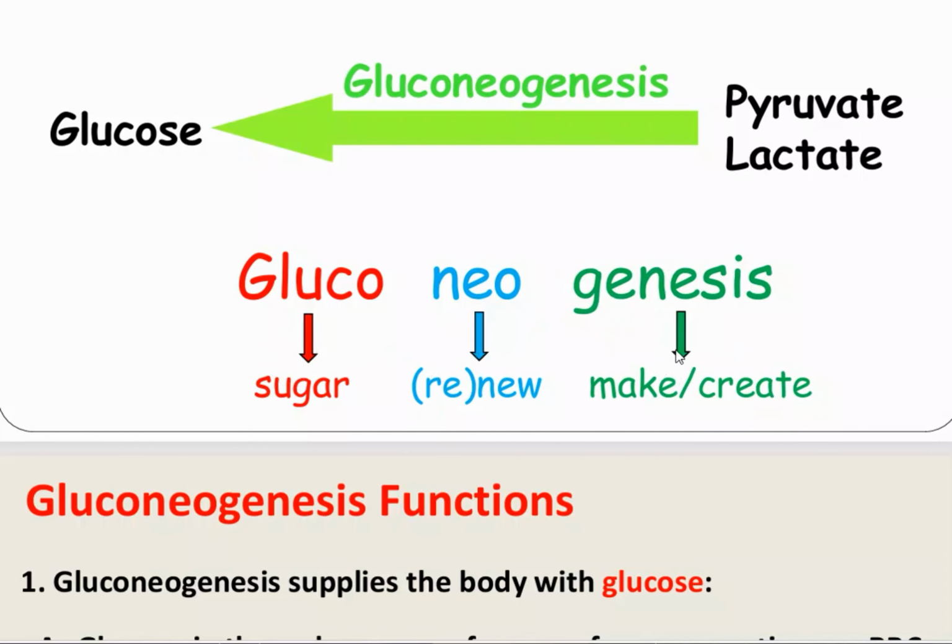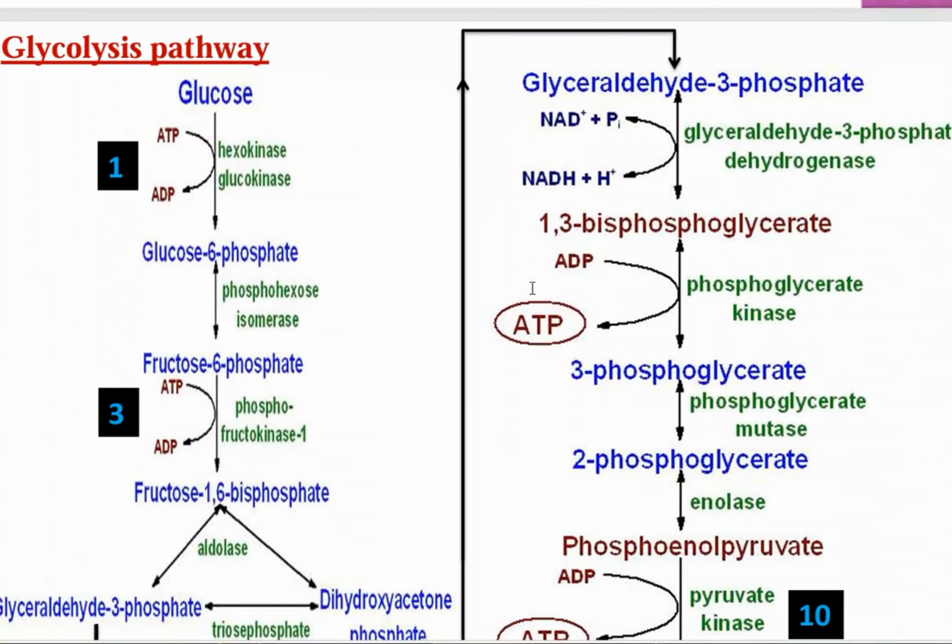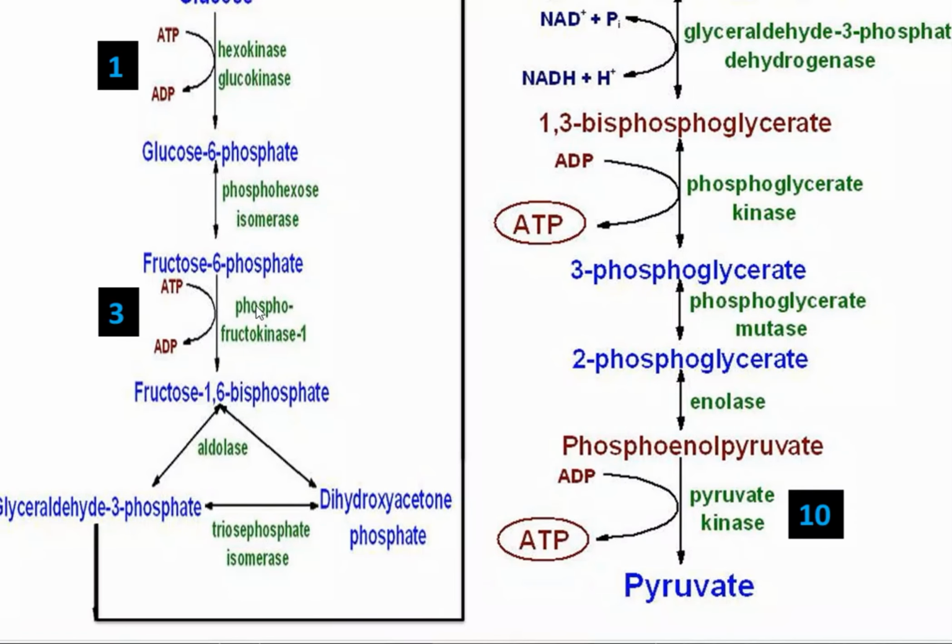So now let us see how the process occurs. As we know, in the glycolysis pathway, glucose is converted to glucose 6-phosphate with the help of the hexokinase enzyme. Then glucose 6-phosphate is converted to fructose 6-phosphate with the help of phosphofructokinase, PFK, and it is a rate limiting enzyme. This PFK forms fructose 1,6-bisphosphate, and then with the aldolase enzyme it splits to form glyceraldehyde 3-phosphate and dihydroxyacetone phosphate.